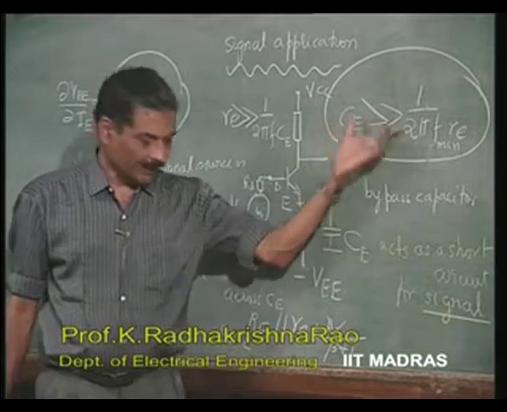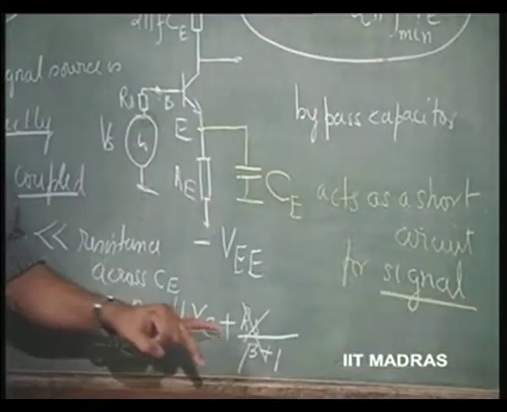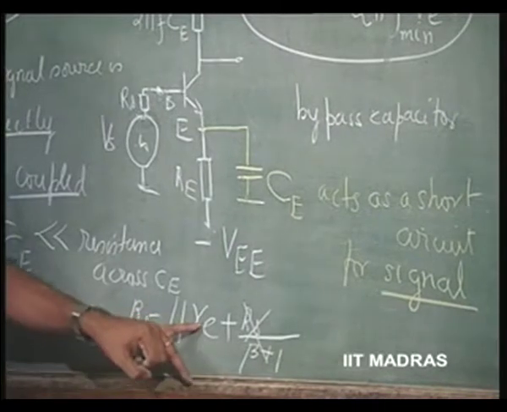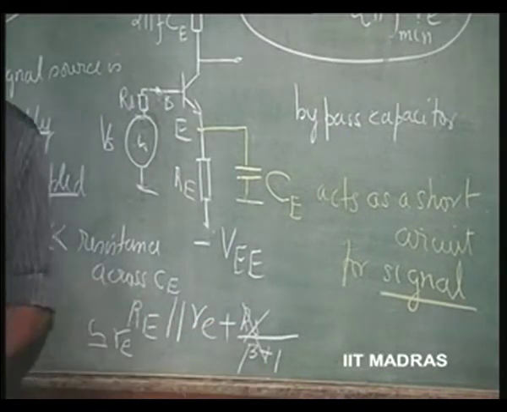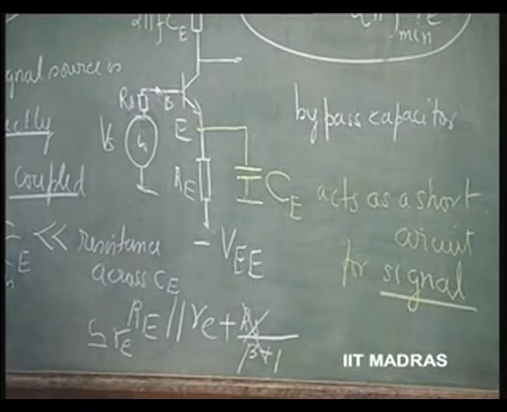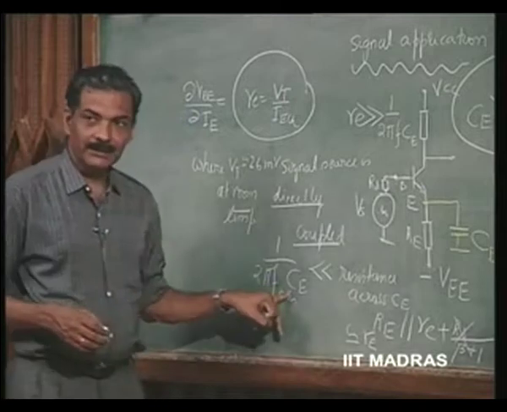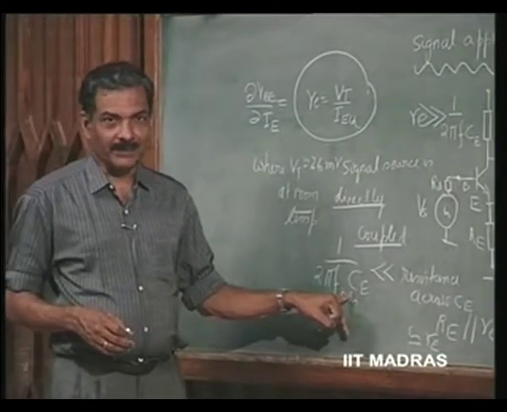Otherwise, if this approximation cannot be made, then you use the expression re parallel capital Re plus Rs by beta plus 1 as the actual resistance for fixing the value of Ce at the minimum frequency of interest for the amplifier.